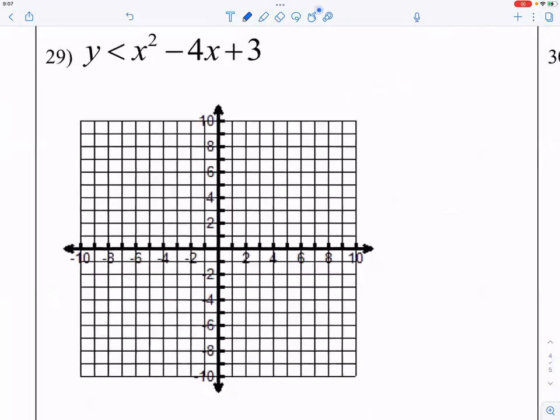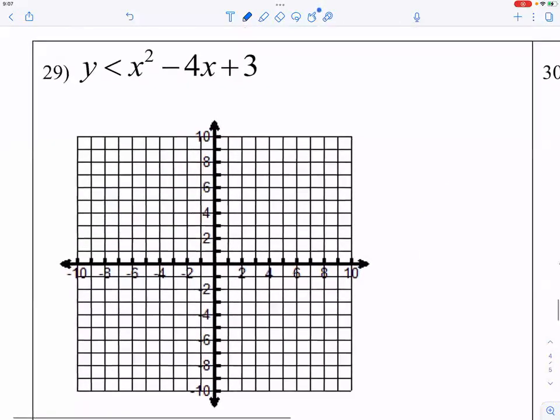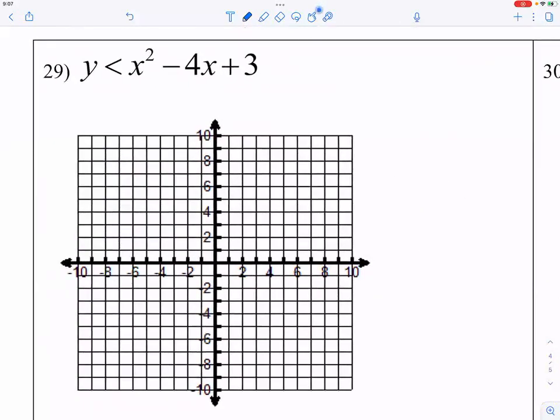All right, number 29. For question number 29, again, you are seeing a standard form. Do you think you can factor this? What does it factor into? Negative 3 and negative 1. So y is less than this parabola.